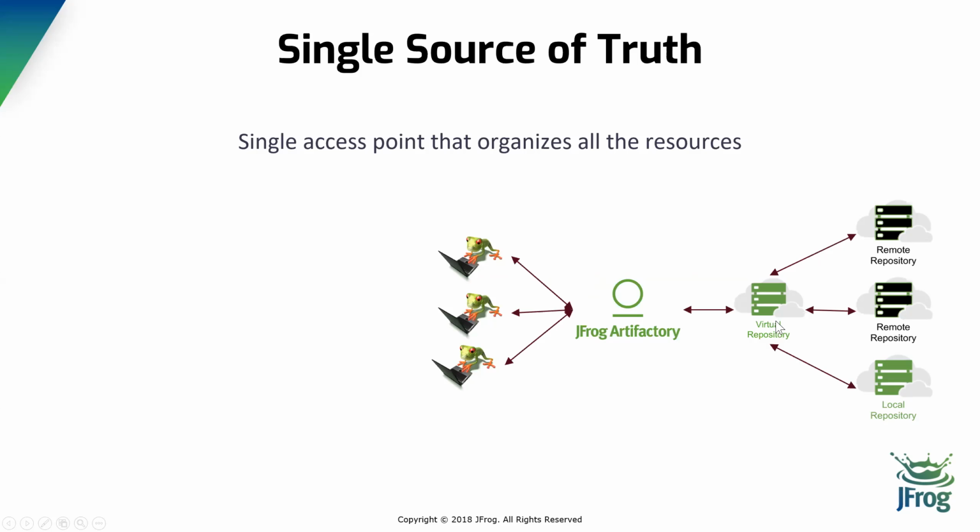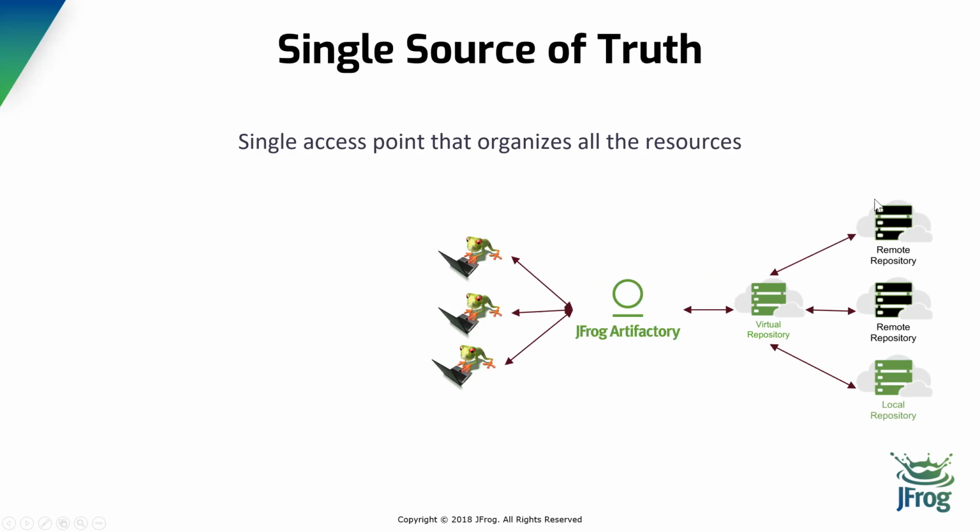These are two kinds of repositories, and you have the virtual repository, which is an aggregation of different repositories. In this example, you can see that a virtual repository aggregates two remote repositories and one local repository. As each repository is accessible through a unique URL, you would access these three repositories through one single URL, that of the virtual repository.